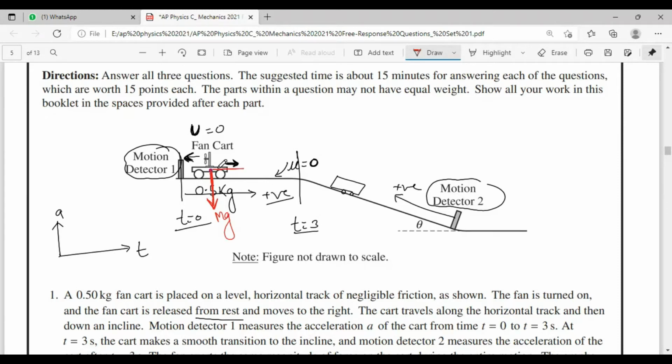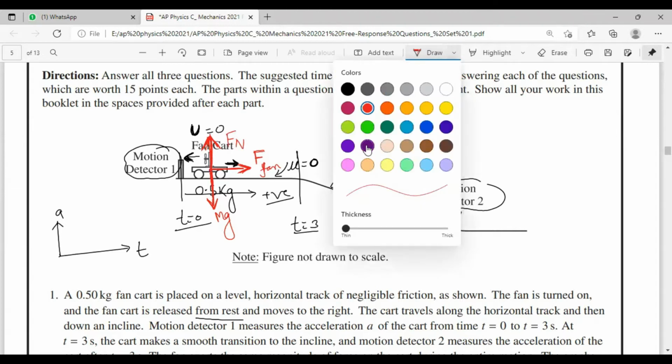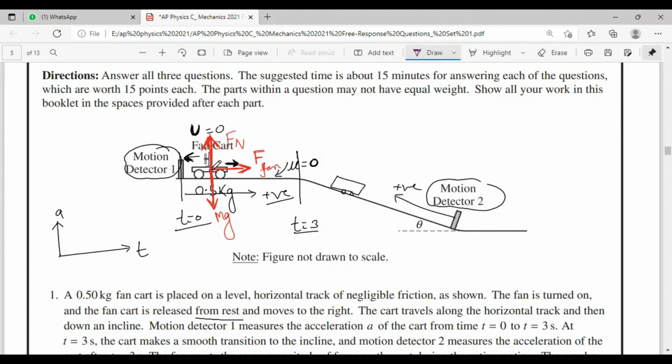There will be a force in the horizontal direction due to which it starts moving, and let us name it F fan. And there will also be a normal force acting vertically upward, that is F normal, right friends? So this will be the free body diagram on the horizontal track.